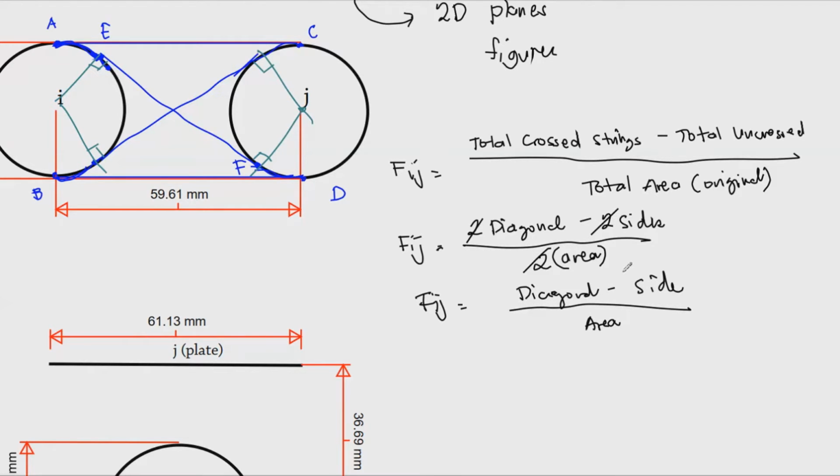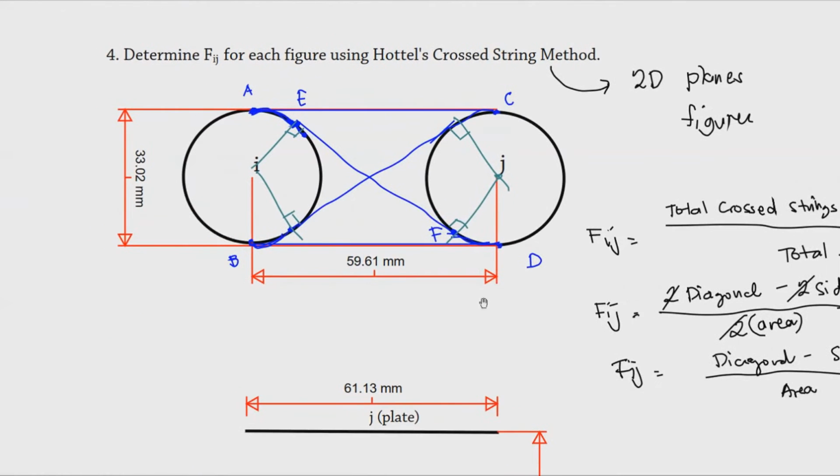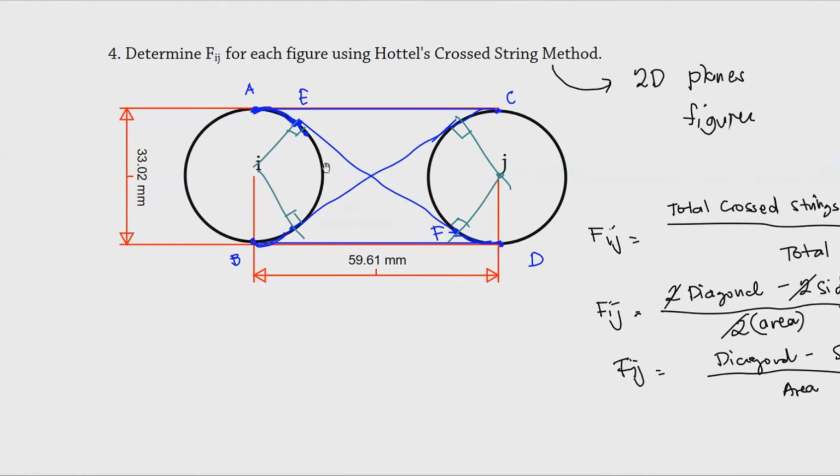So in this case, let's solve for the first one here. I've already drawn the strings, those in blue. What we need here is to find the diagonal, so that's the cross string. In here, the diagonal or the cross strings are this one. They actually cross.